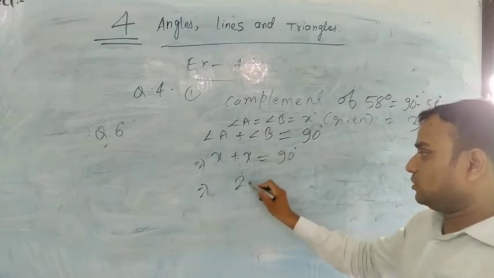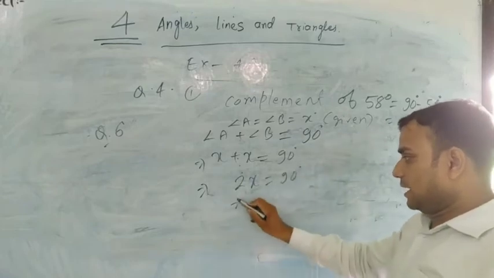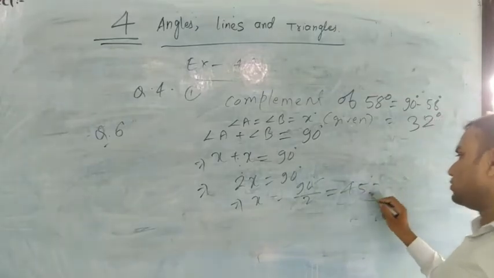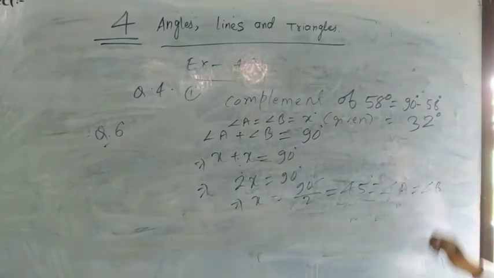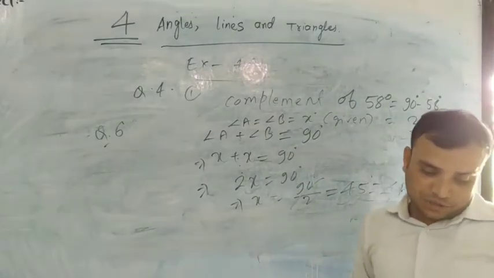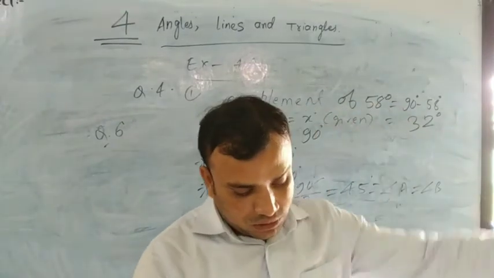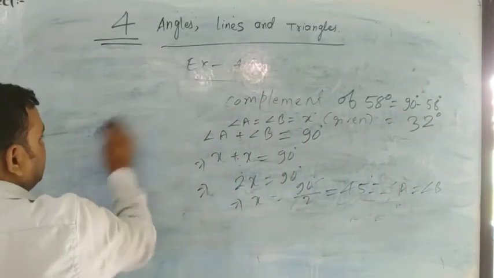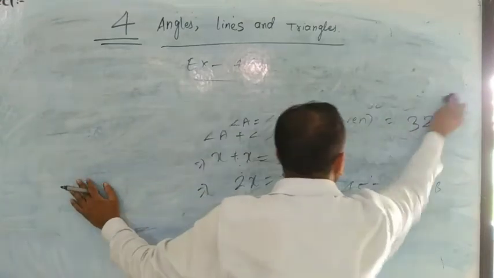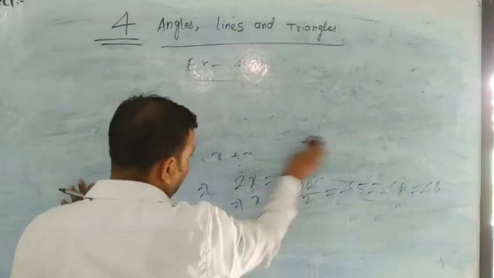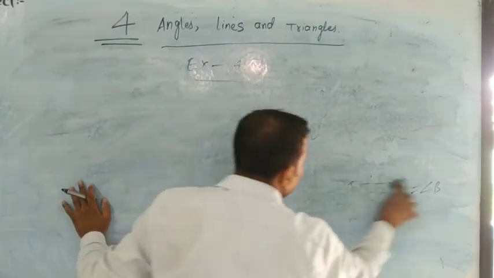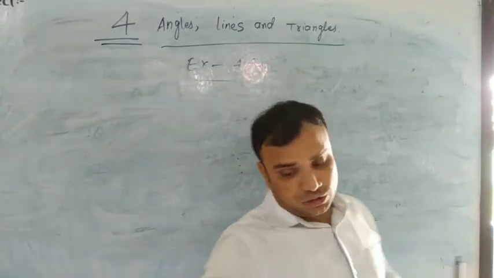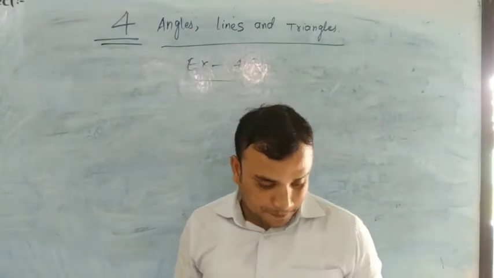Then x equals 90 degrees upon 2, which is 45 degrees. So angle A equals angle B equals 45 degrees. Now you solve question 6 part 2. Now we discuss the next question. Dear student, it is very easy to solve all questions of the given exercise if you watch our video properly.